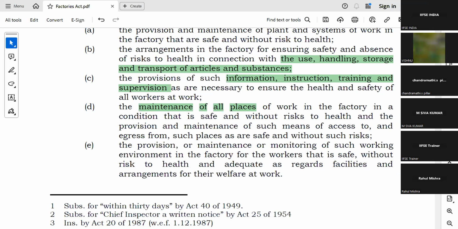The next point is the maintenance or monitoring of such working environment in the factory for the workers that is safe without risk to health and also adequate as regards facilities and arrangements for their welfare at work. Here one thing is maintaining it, and the other thing is monitoring. How will you monitor the workplace?